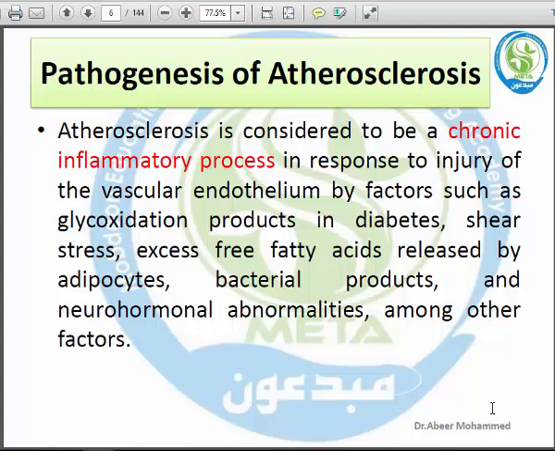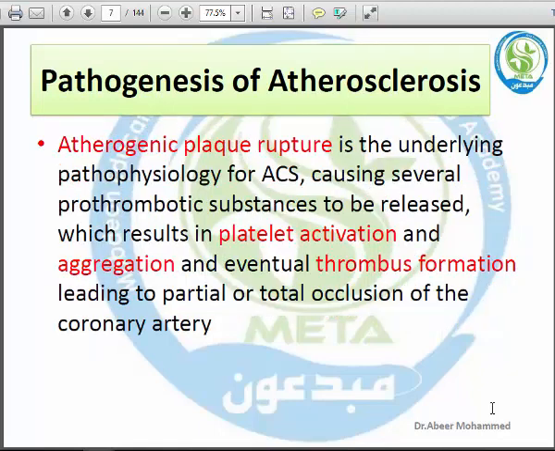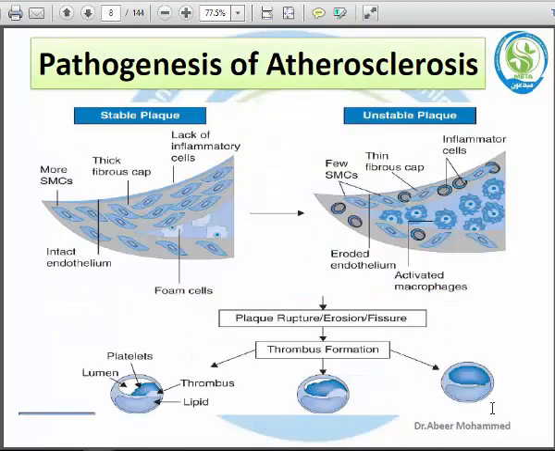Thrombogenic contents اللي هي كانت inflammatory cells like macrophages and lymphocytes will promote the activation of platelet cascades. The platelets will cover the thrombus and lead to the formation of the thrombus. Once the thrombus is formed, it will lead to partial or total occlusion of the coronary artery.